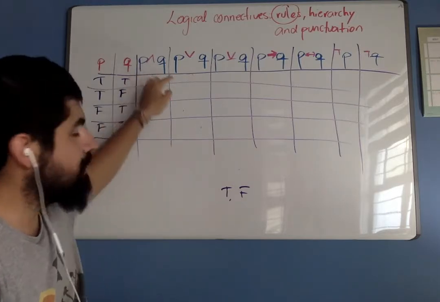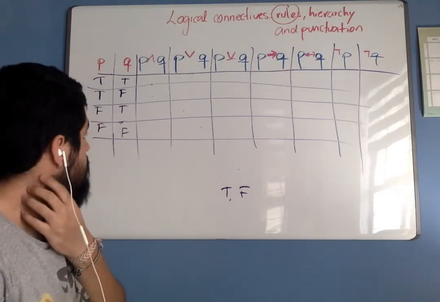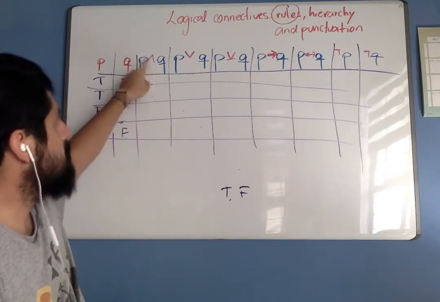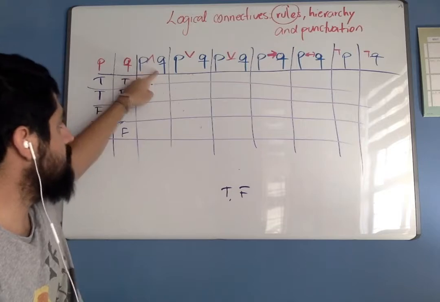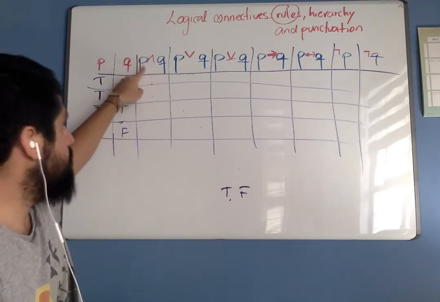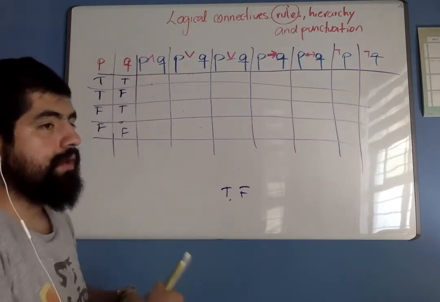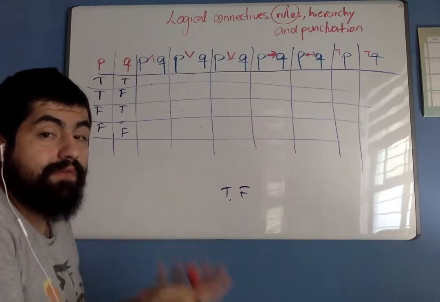So P and Q are the components of the conjunction. So in that sense, again, the rule for the conjunction is it is true when both of its components, P and Q, are true. So if P is true and Q is true, the conjunction is going to be true. We can understand that in the other cases, the conjunction is going to be false.